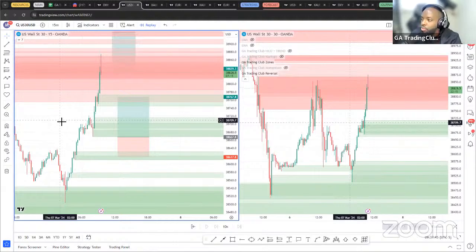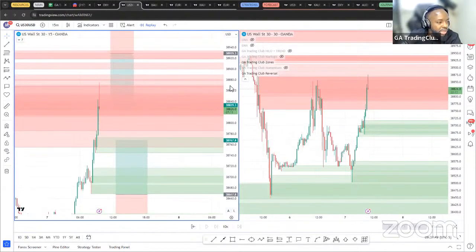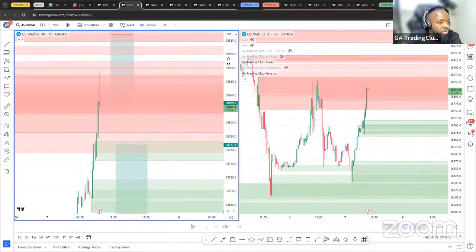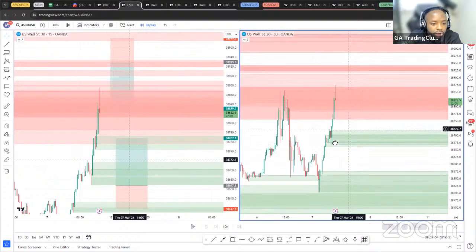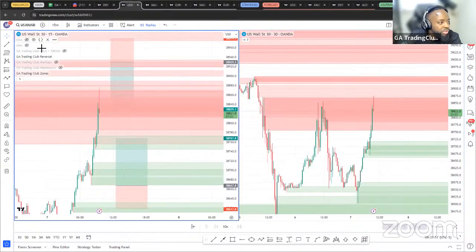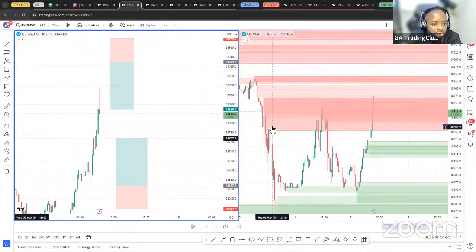So the goal here is to identify the areas where price is likely to sell and likely to buy from. So we've identified these zones on the 15-minute time frame, so we can go ahead and close that out.